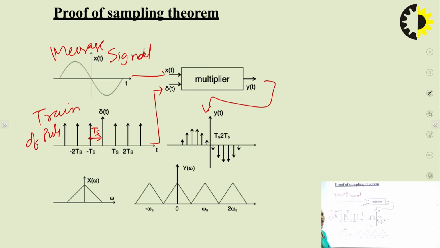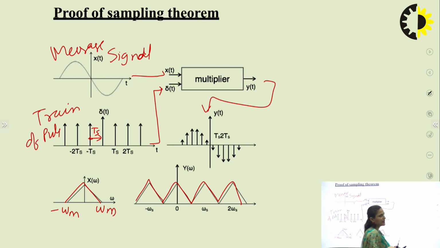Both will be multiplied. This is the time domain representation. When we go to the frequency domain, x(t) will look like this, with frequencies omega m and minus omega m. And the frequency representation of the output is Y(omega), with omega s here.